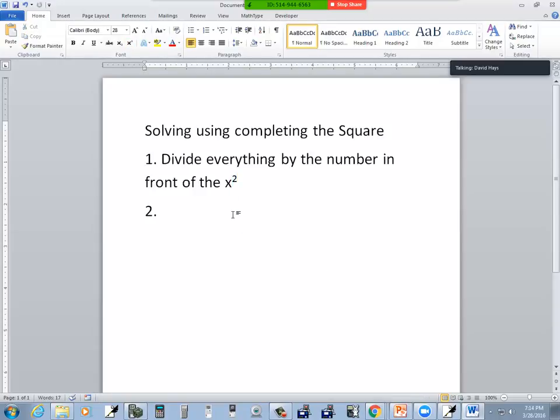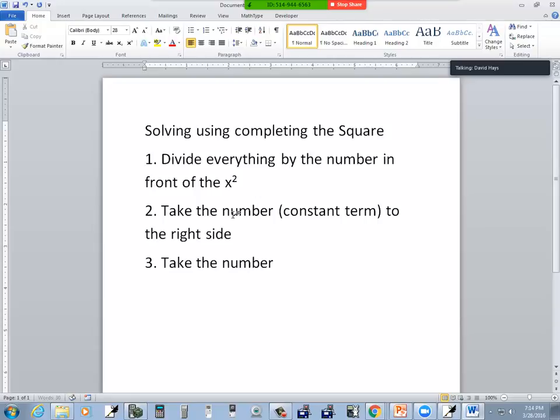Now I'm going to give you all these steps, but you shouldn't run across items where we need to use every one of these. Okay, step 2. Take the number, the constant term, to the right side. Step 3.